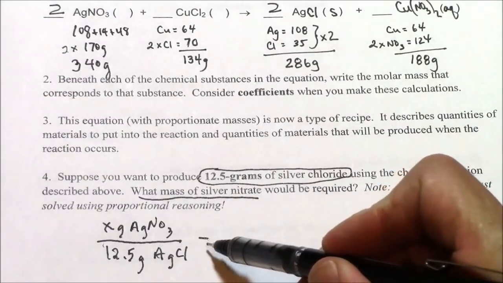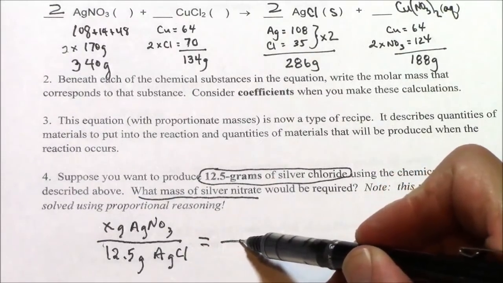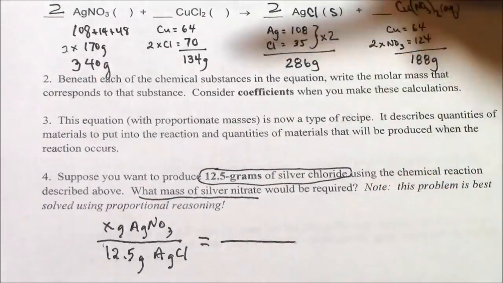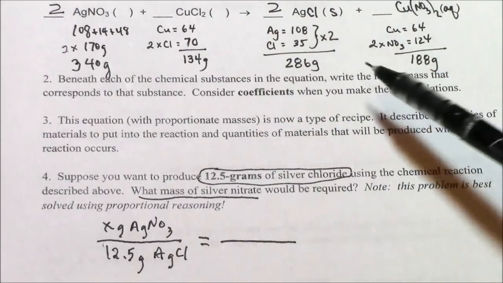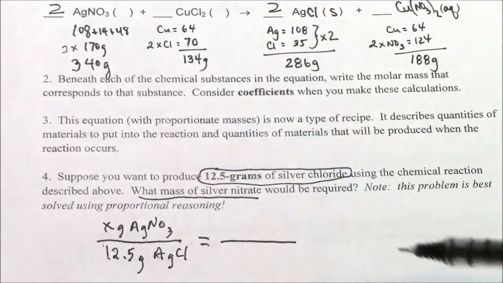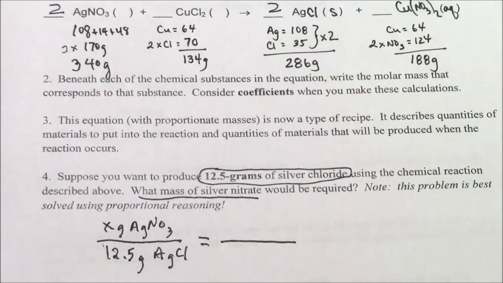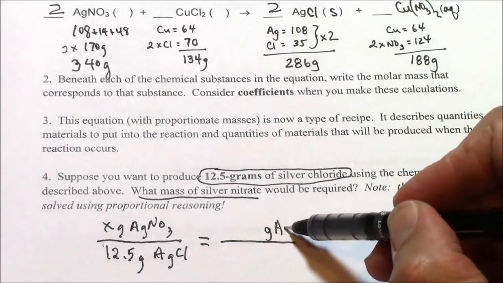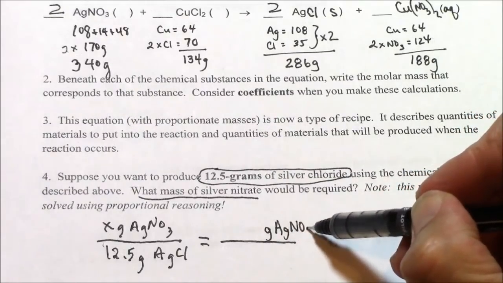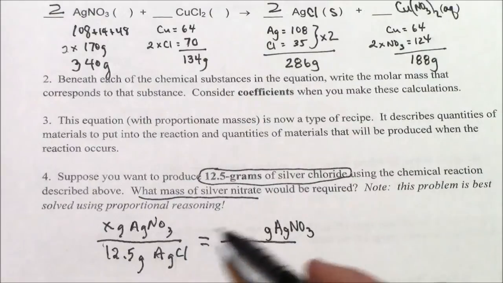That's half the proportion. The other half of the proportion relies on the recipe here. This is the original recipe. This tells you what the known ratio will be. This will have to be grams of silver nitrate so that it lines up.